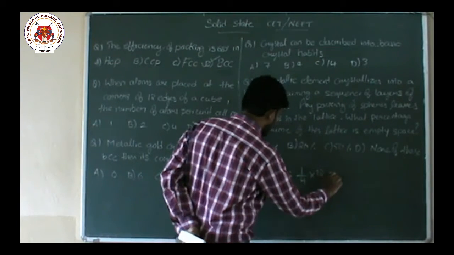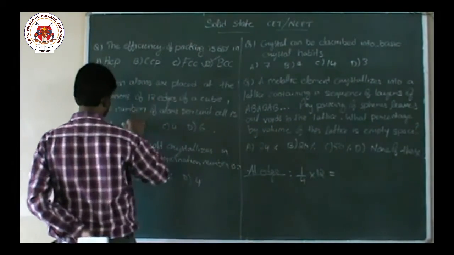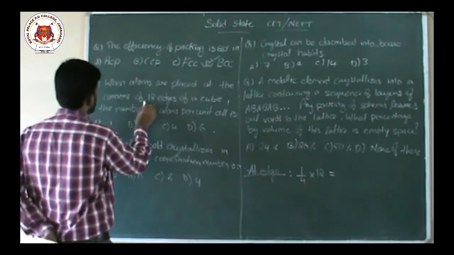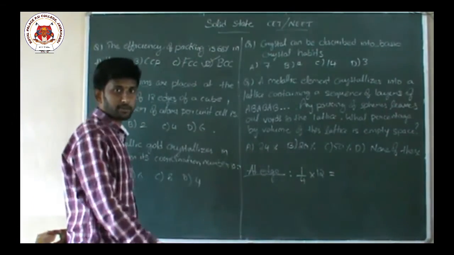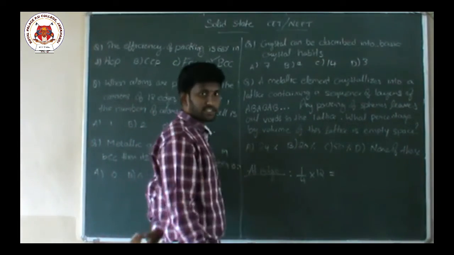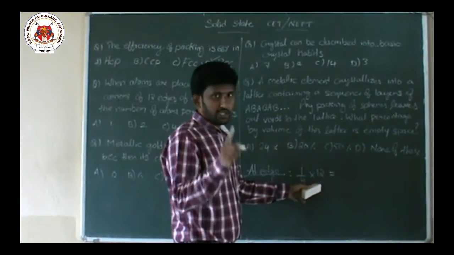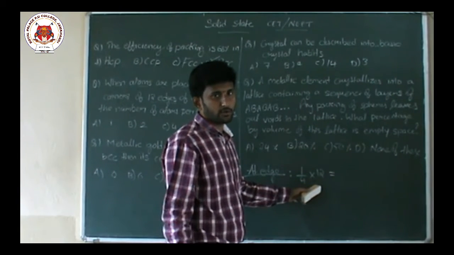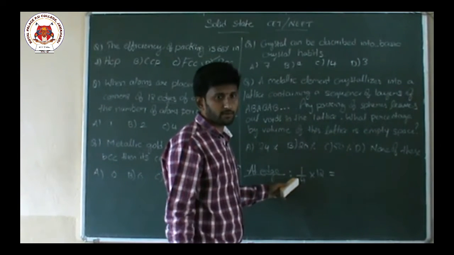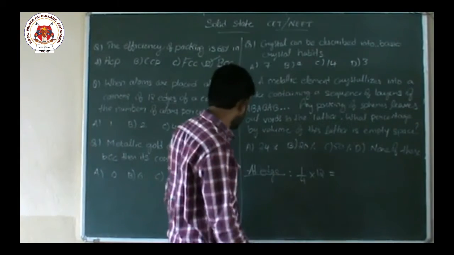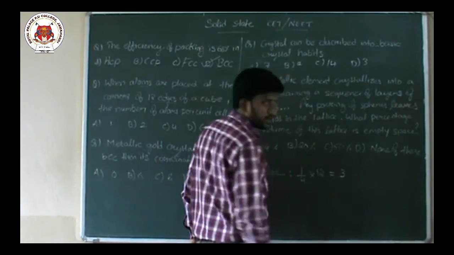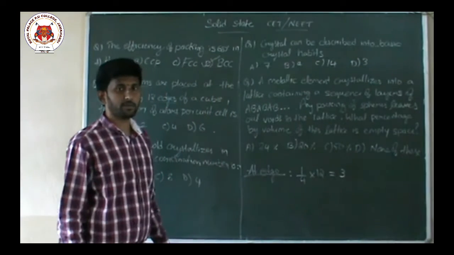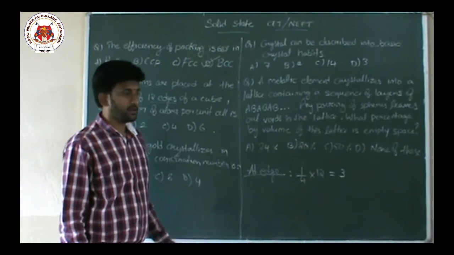They are saying that atoms are placed at 12 edges. 12 edges means 12 atoms. Each atom is shared by 4 cubes, so the contribution is 1 by 4, 1 by 4 into 12. So the total contribution is 3 atoms per unit cell.